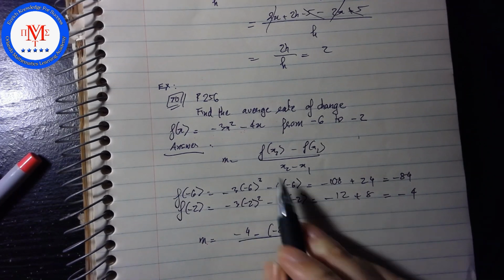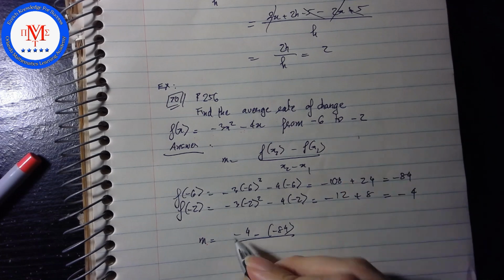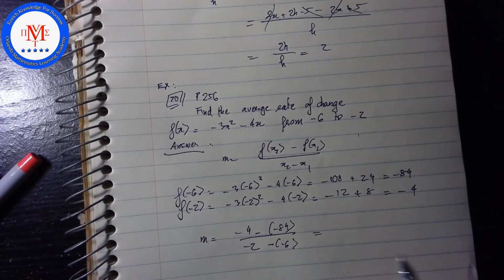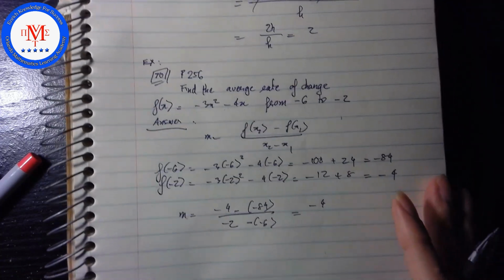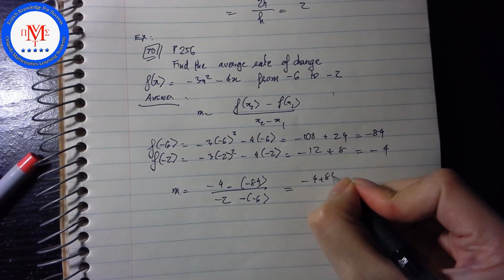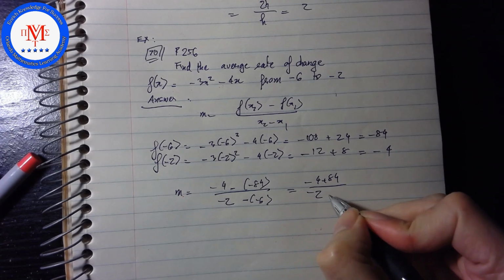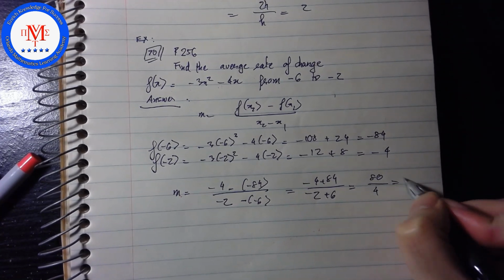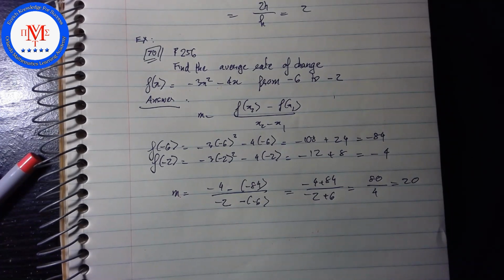So this is negative 4 plus 84 over negative 2 plus 6, so 80 over 4, 20. So the average rate of change, or the slope of the secant line between the 2 points, is 20.